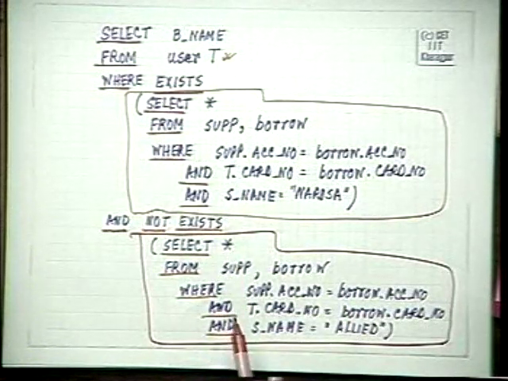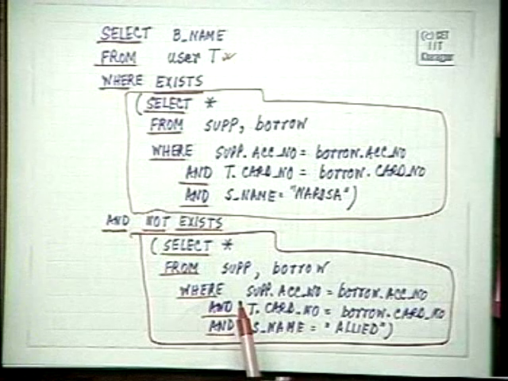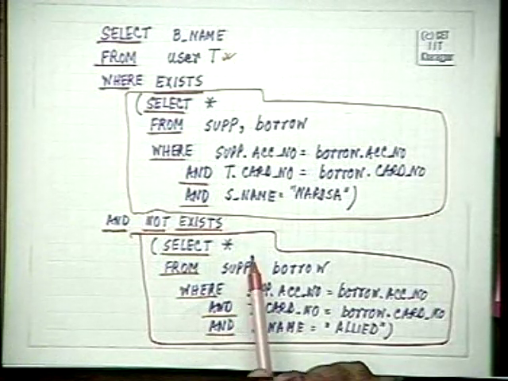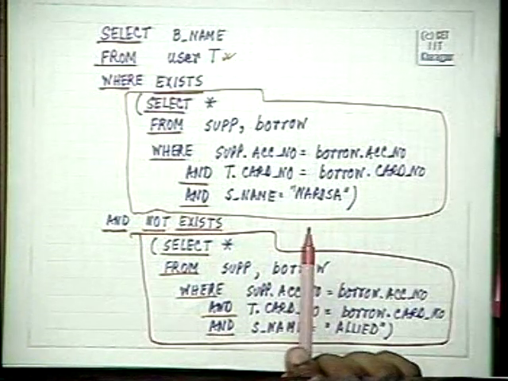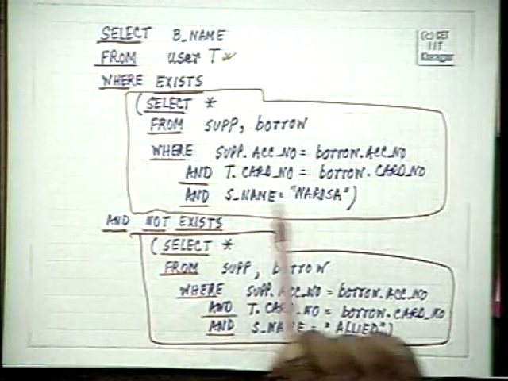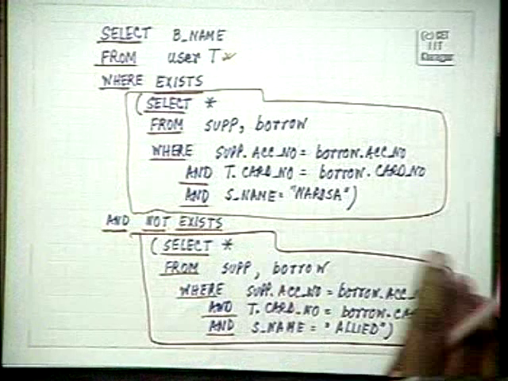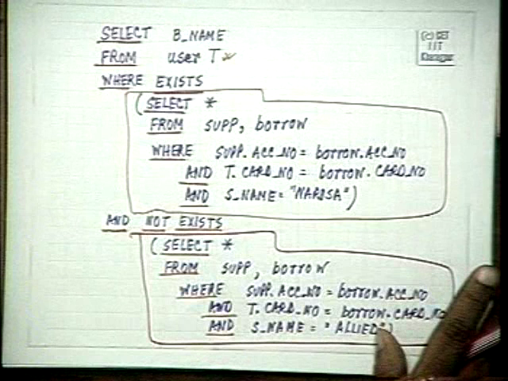We had done a similar query in relational algebra as well as tuple relational calculus, especially in relational calculus where we use there exists and not there exists. This is similar to that type of query. So you have got exists, not exists, in and several other set operations.